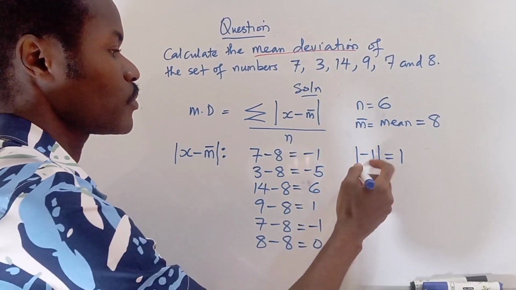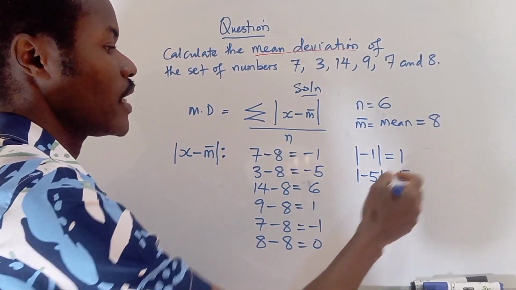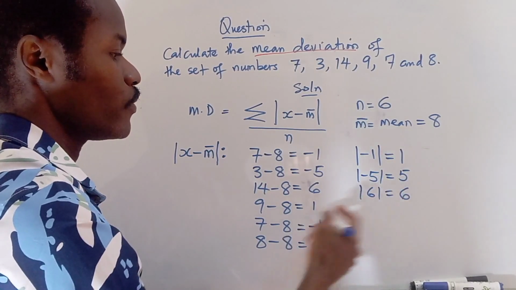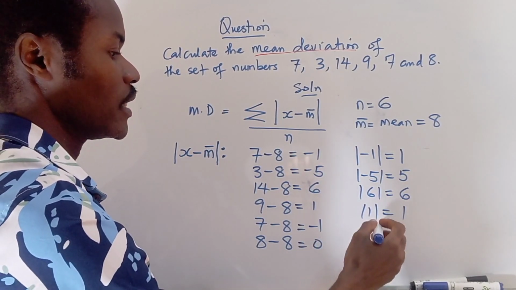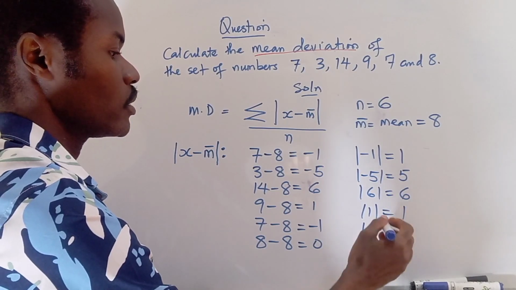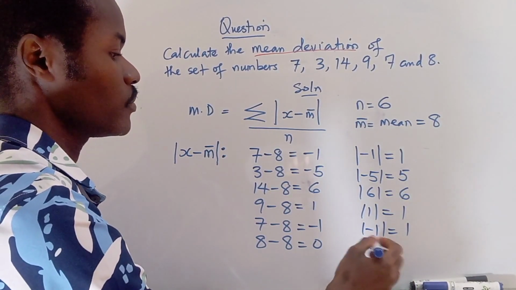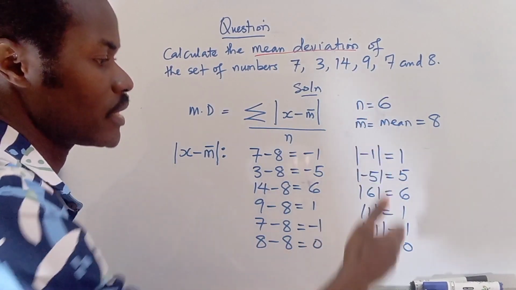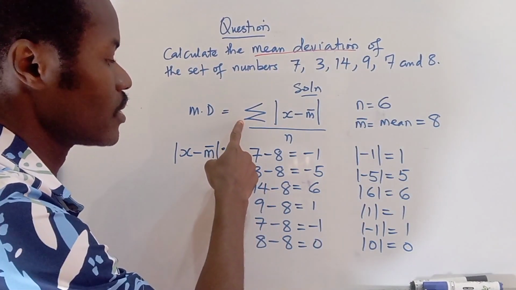For this, we are going to get plus 5, which is 5. For 6, it still remains 6. For 1, it still remains 1. For minus 1 again, it is going to be 1. And finally for 0, it's still 0.